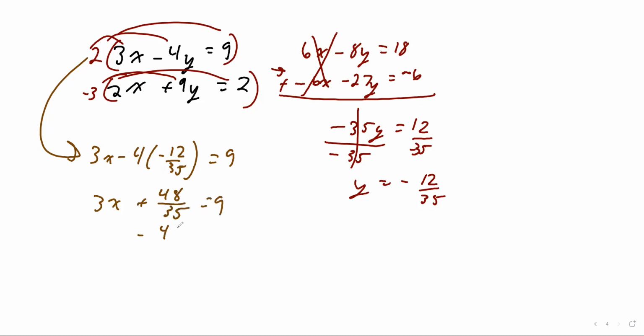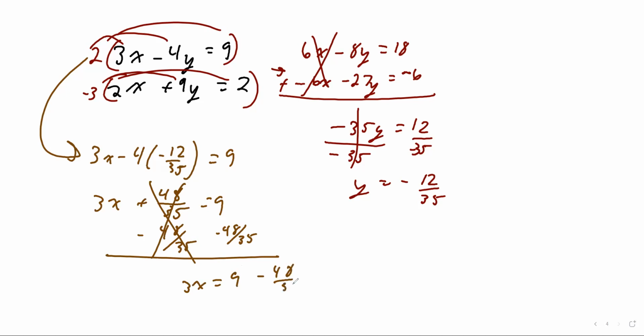I then need to subtract 48 over 35. So I get something like this, which is 9 minus 48 over 35. Put that over 1. 35 would be the least common denominator here.